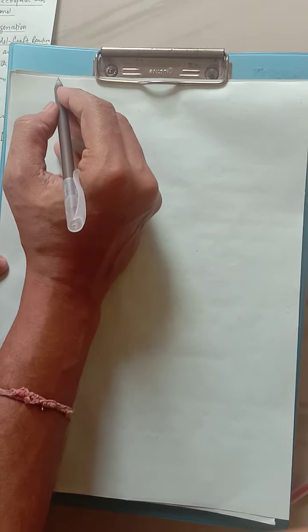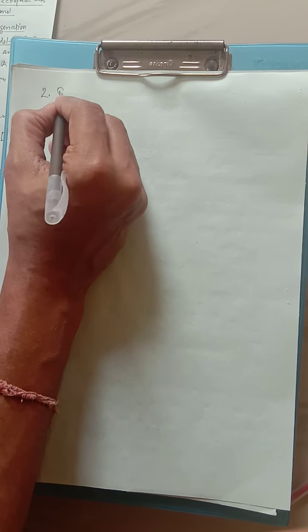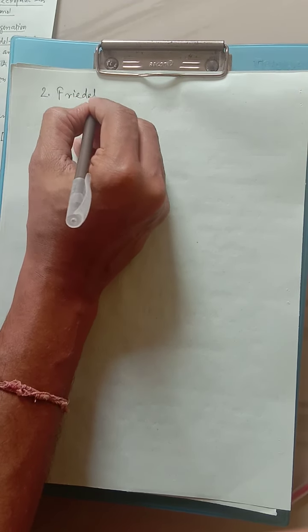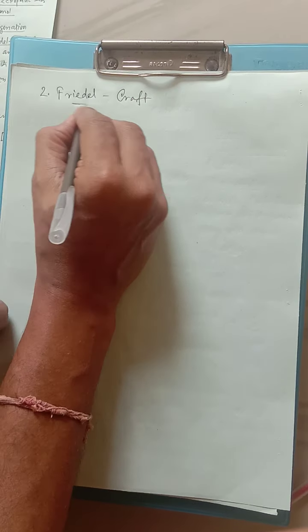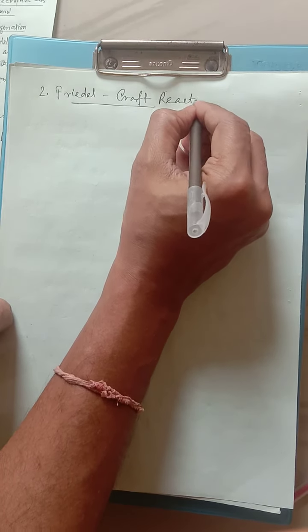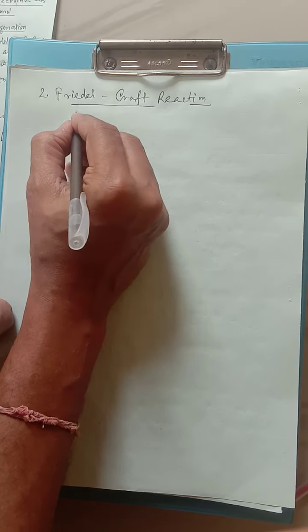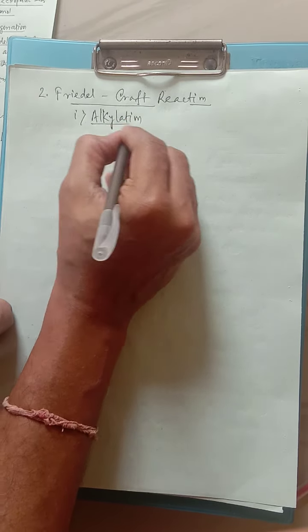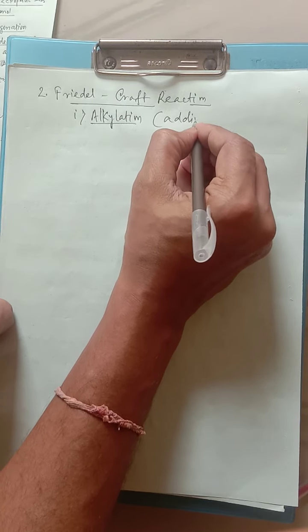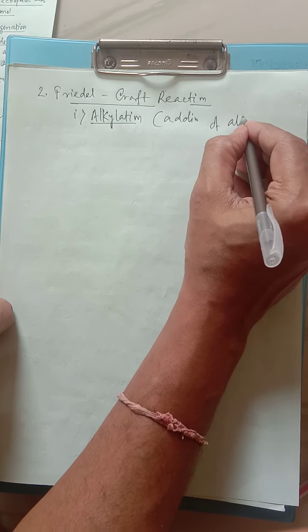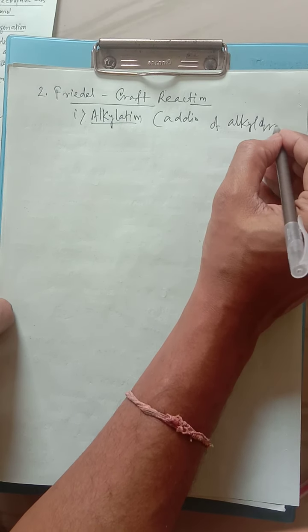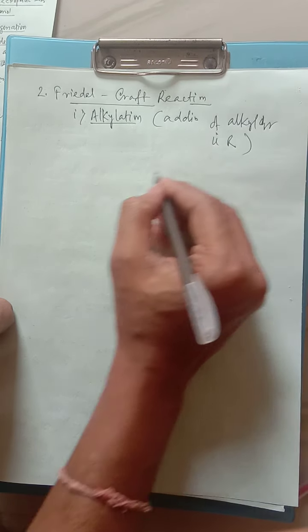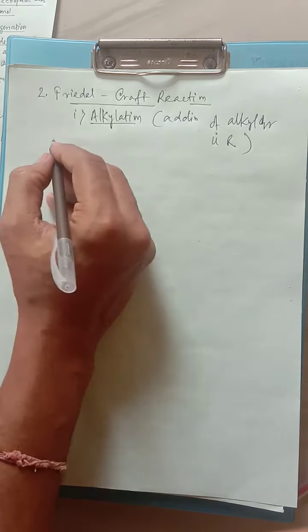Next we are moving to the Friedel-Crafts reaction. Now in Friedel-Crafts reaction, there are two types. One, alkylation, that means addition of an alkyl group, that is R. It may be methyl, ethyl, propyl, like this.